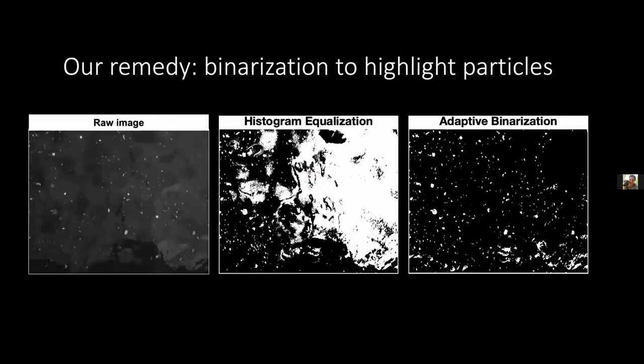One of the things my student has worked a lot on is using lots of different pre-processing and binarization techniques to see, can we highlight the particles that are in the flow any stronger? On the right, with this adaptive binarization scheme he worked through, we see much clearer, more distinct surface particles that we can then put through our PIV algorithm.